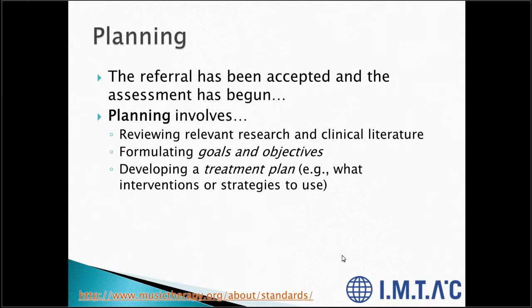One area that I will always emphasize is, well, reviewing that relevant research and clinical literature. That is an important part of determining what it is that we're going to do, whether we're looking at systematic reviews, if we're looking at meta-analyses, if we're looking at what the research evidence suggests is the most appropriate form of treatment.